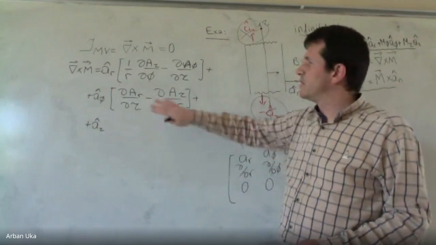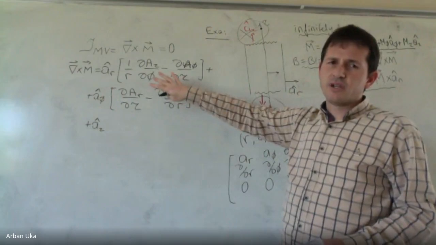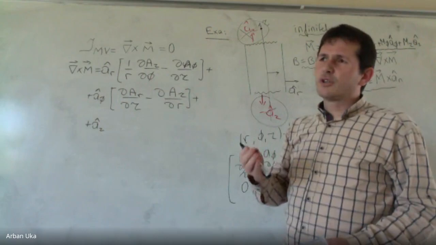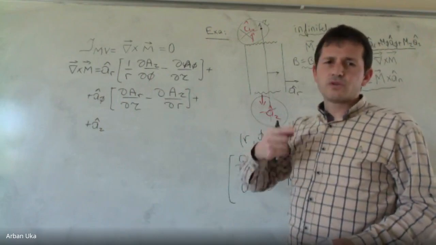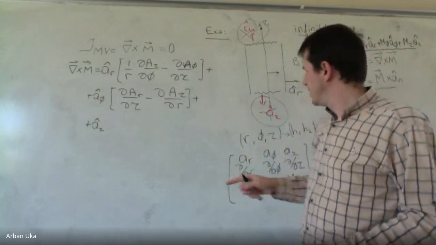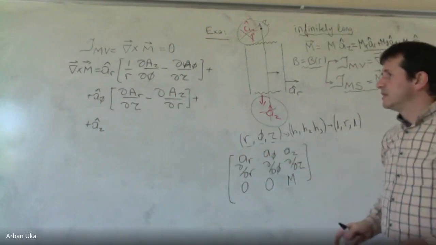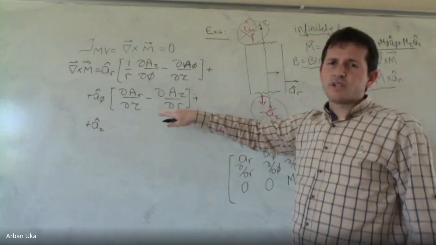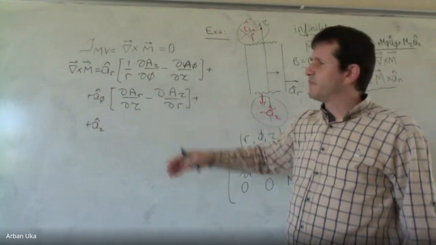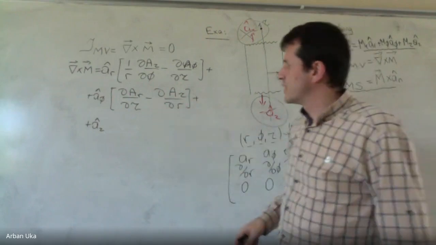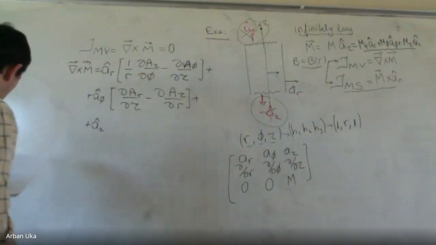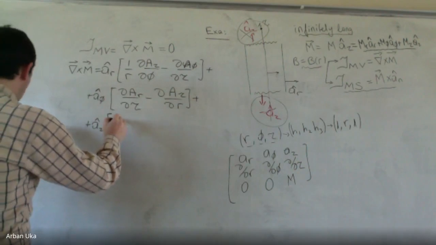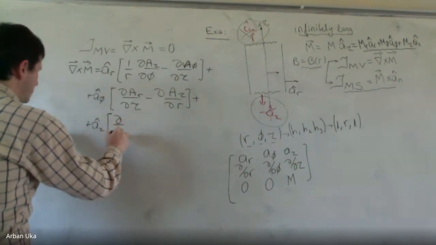So we were able to write this whole expression as a single term, but we had to calculate all the permutation between R, phi, and Z. So this one, we can always derive this, but probably takes too much time to derive this continuously. So you can take this from the formula sheet if you are asked in a test or in an exam. And it's always good to derive this at least once, okay?